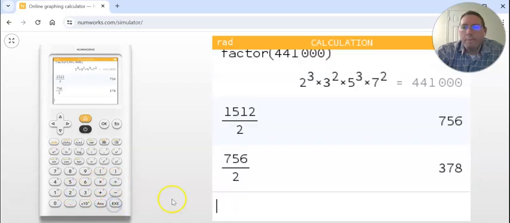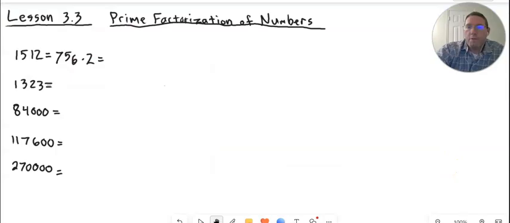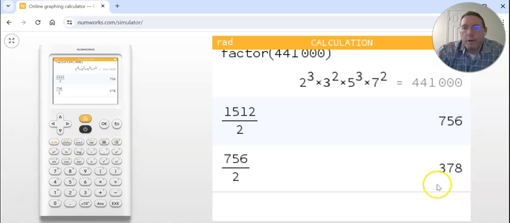Okay, and we get 378. That's also an even number. Okay, so let's go here. 378. So what we now have is 378 times 2 times 2. Okay, you got a bunch of 2's here. So we're going to divide again.